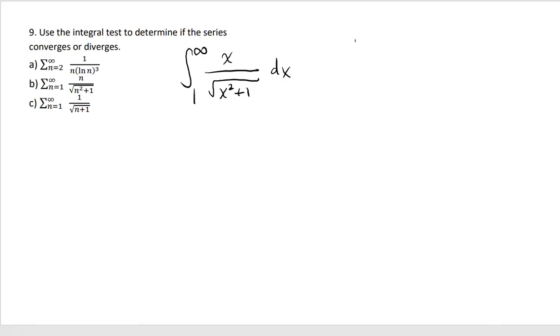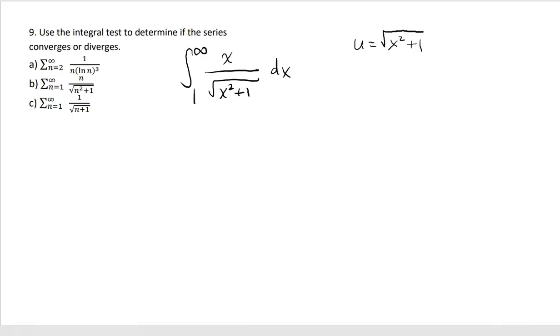And this one again requires u substitution. You could set u as x squared plus 1, but if you do u equals square root of x squared plus 1, this will actually lead to a simpler result.